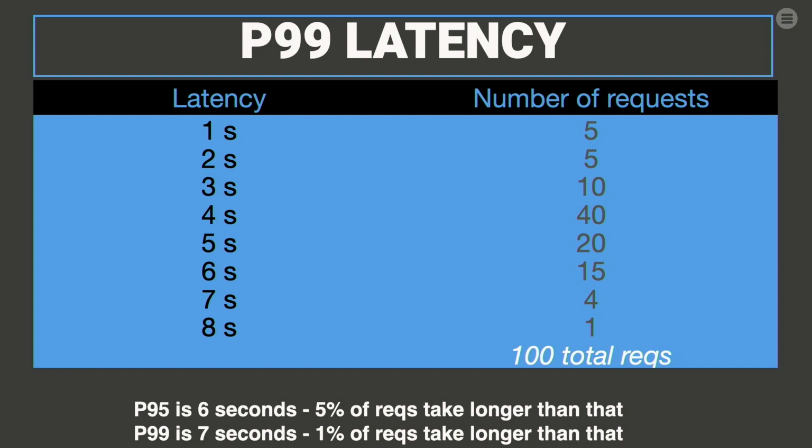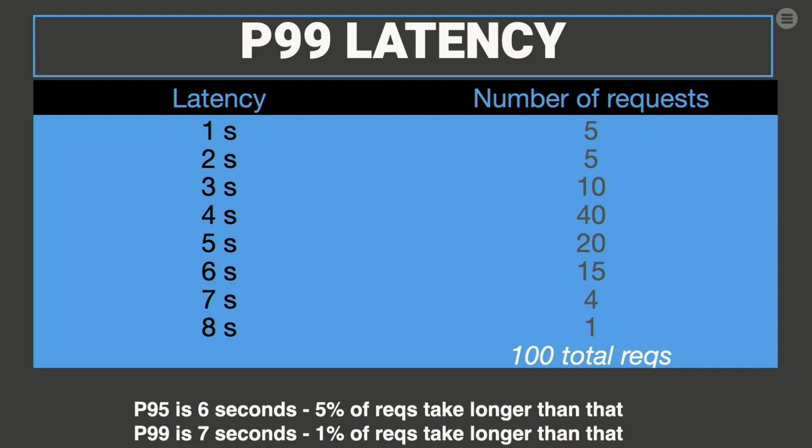Our P99 is 7 seconds, i.e. 1% of requests take longer than 7 seconds. Okay, so as a performance engineer, this is how we quantify how our system performs. Where's the line for the outlier for the 99% of requests that are coming into the system, right? And what are the ones which are faster than that? Okay, so you can see from this chart how this works.